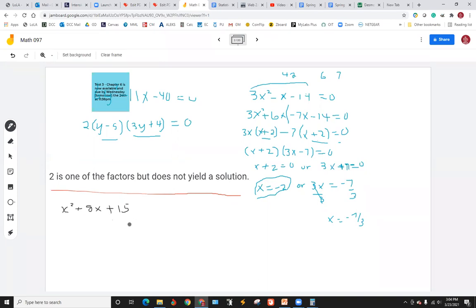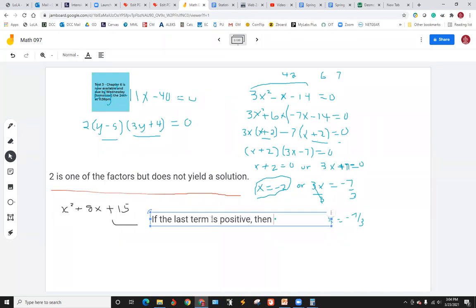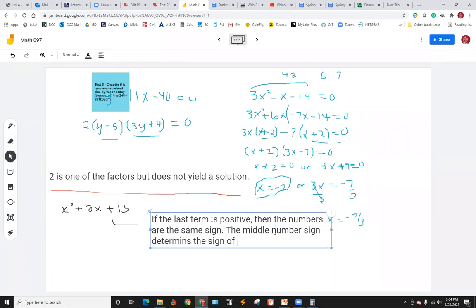But right here, if this is positive, okay, so if the last number is positive, then both of the factors of 15 are going to be the same sign.